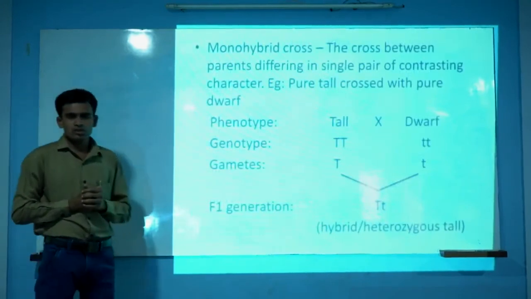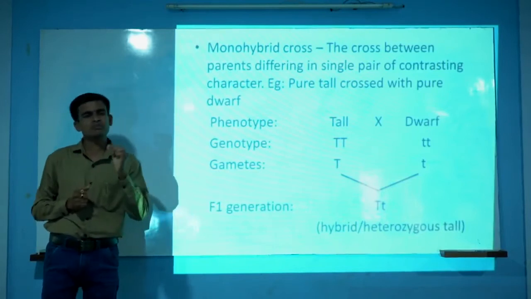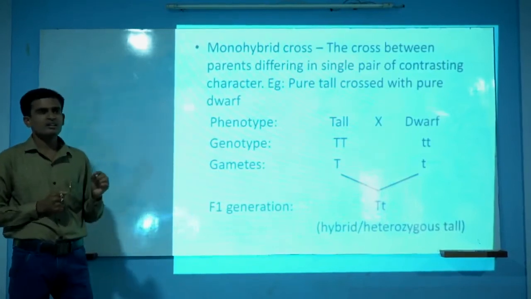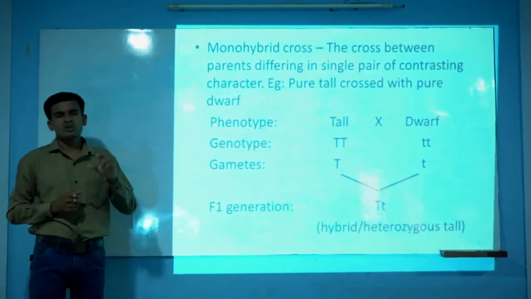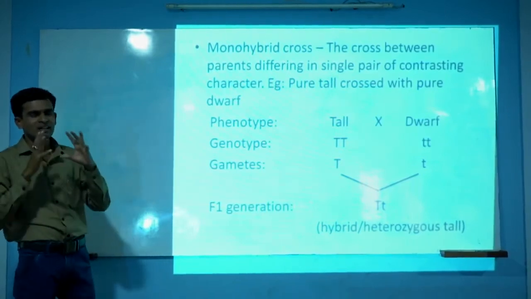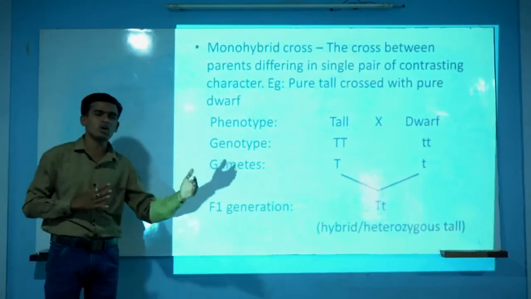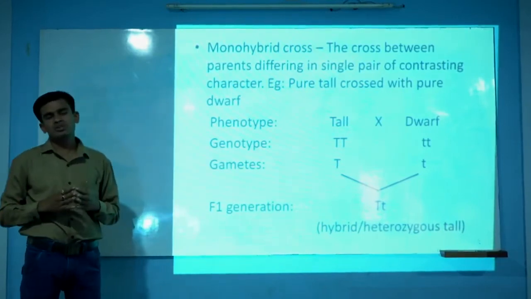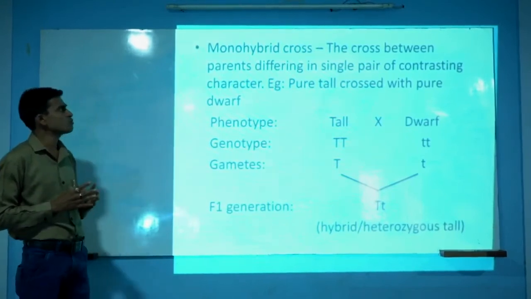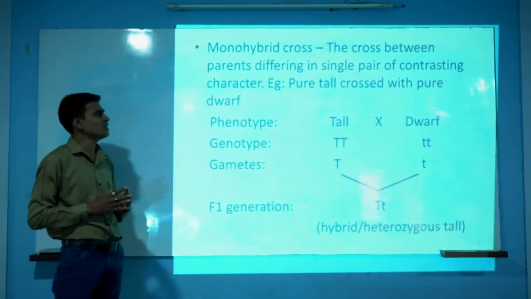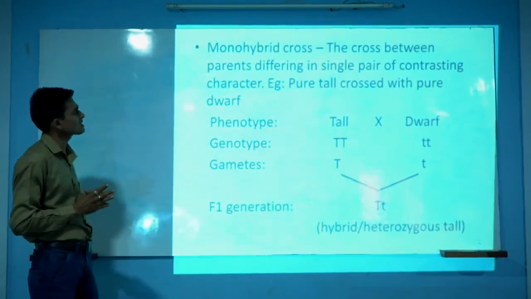Next, monohybrid cross. Mendel conducted experiments on garden pea plants, and he put forth two crosses: the monohybrid cross and the dihybrid cross. First we see the monohybrid cross: a cross between parents differing in a single pair of contrasting characters.